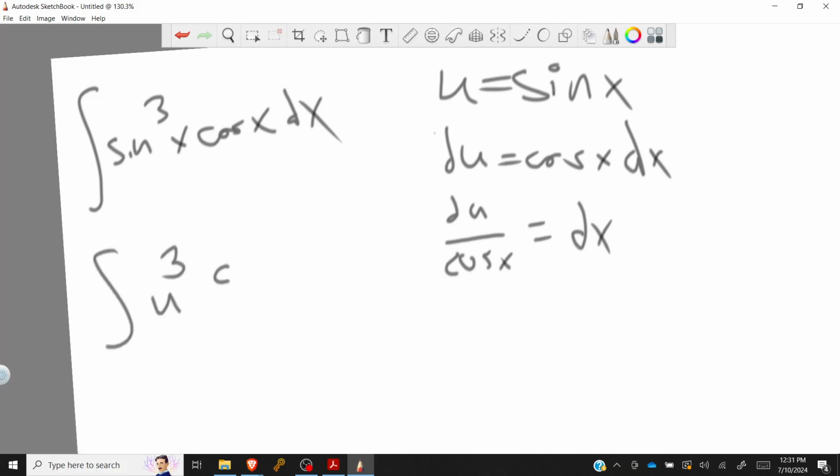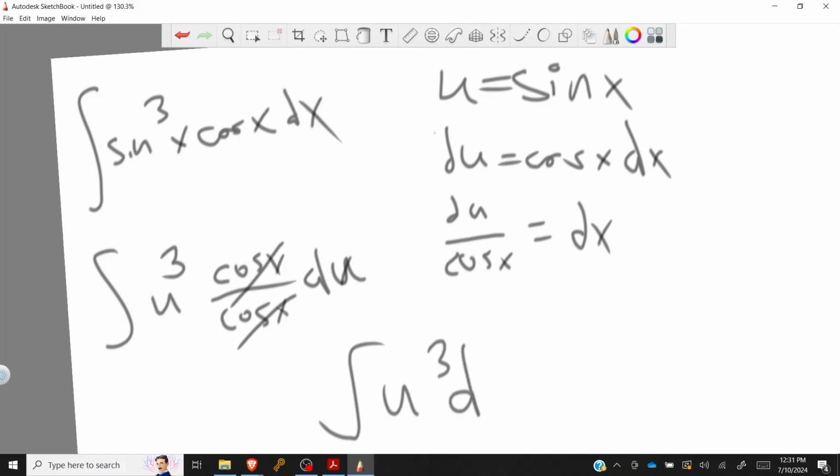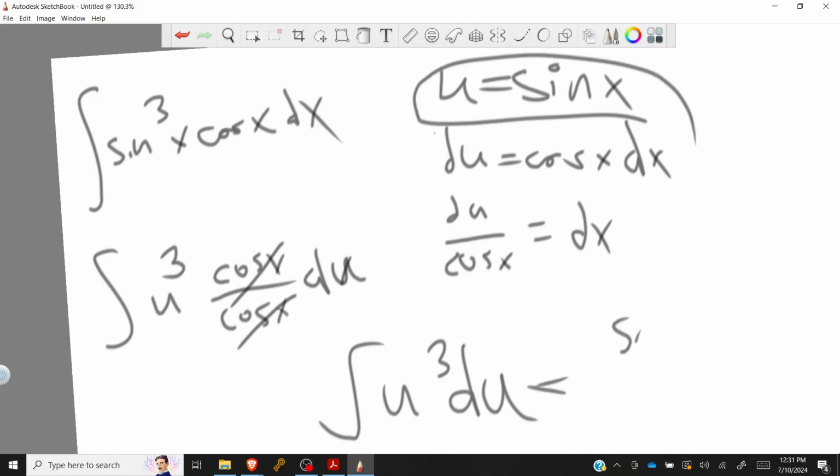So when you plug in u, the cosines will cancel. And then you just have a simple integral of u cubed du. And then you'd plug u back in after you integrate. So it'd be like sine to the 4th over 4.